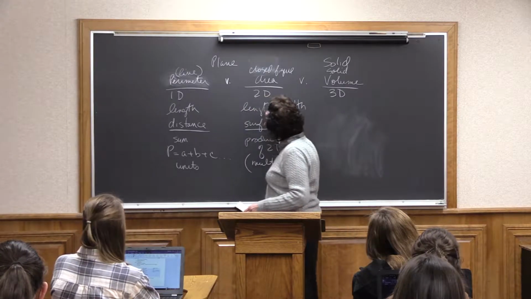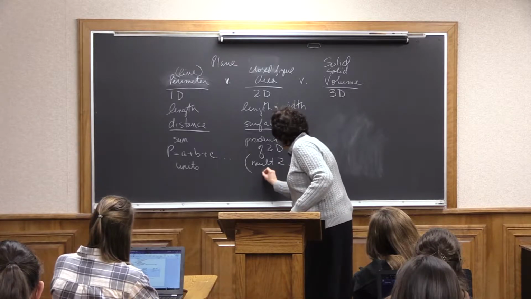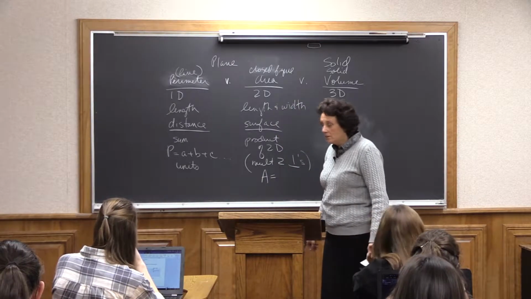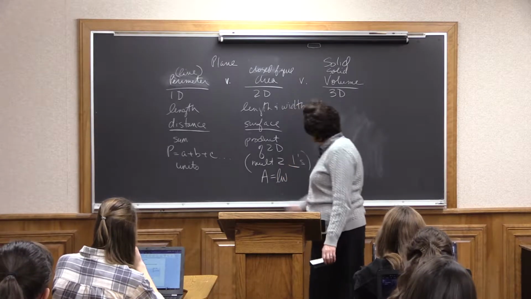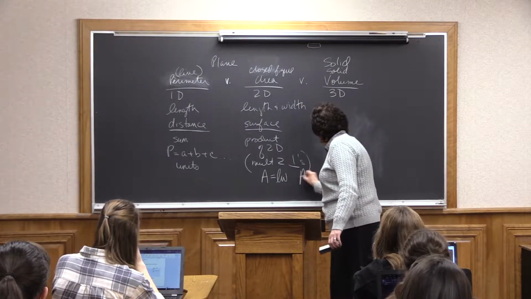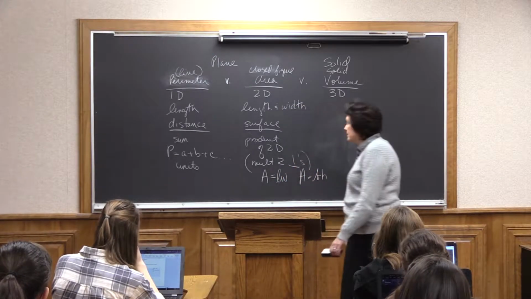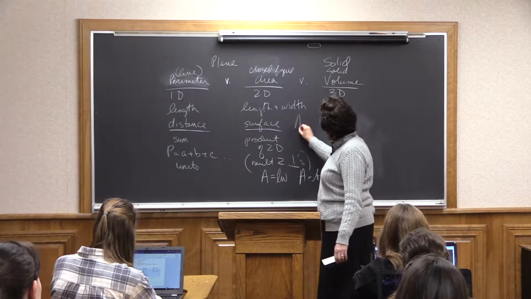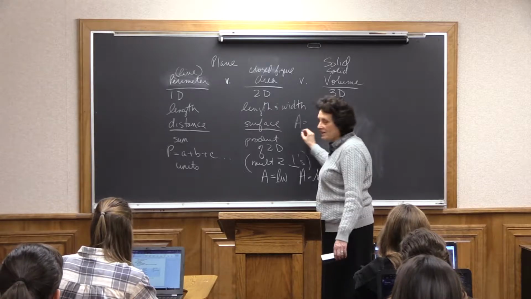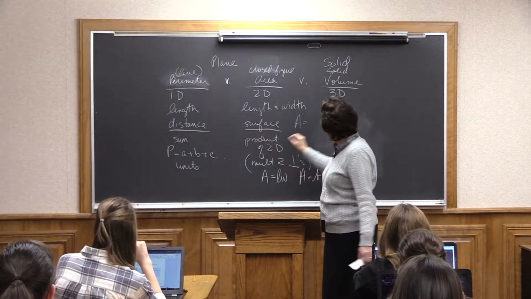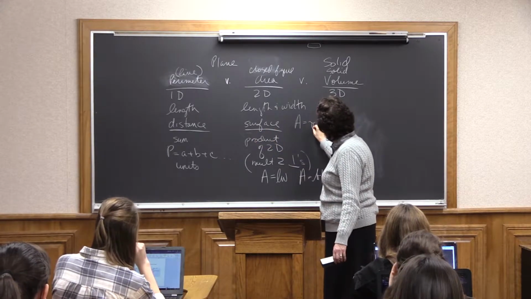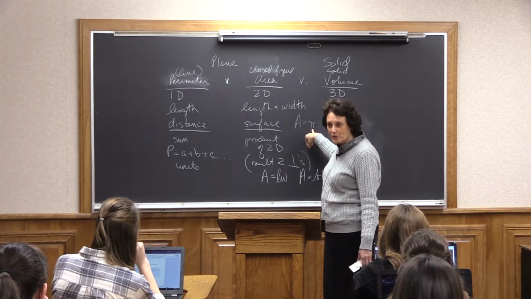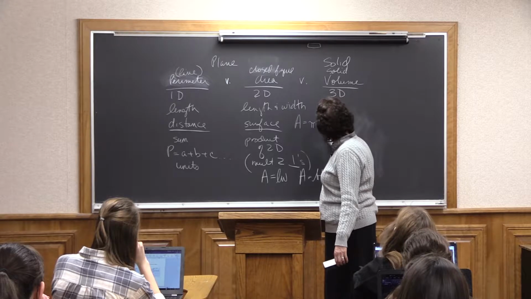So all of my area formulas are going to be two-dimensional. Length times width, base times height. What about circle? Circles are two-dimensional. We have our little pi, which corrects for the fact that the circle doesn't have sides.